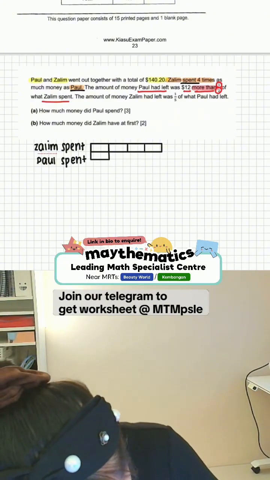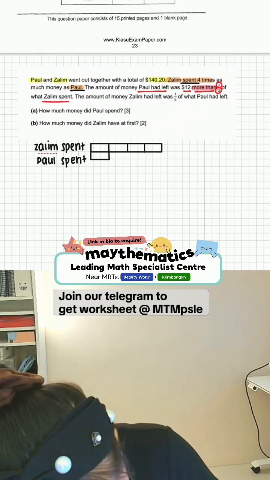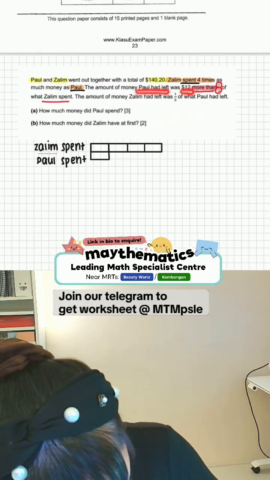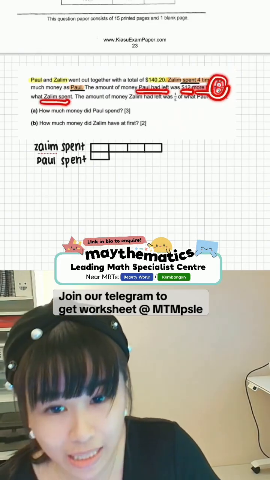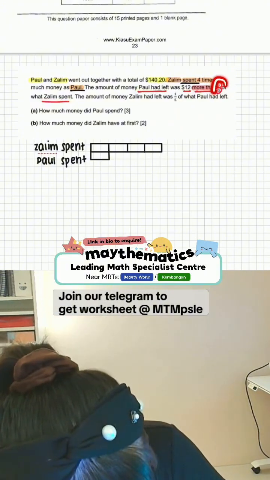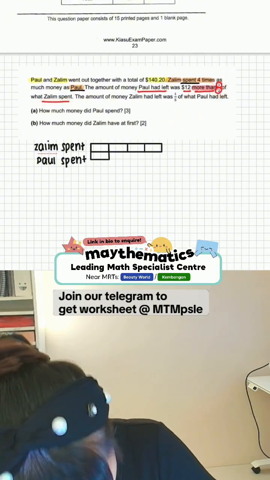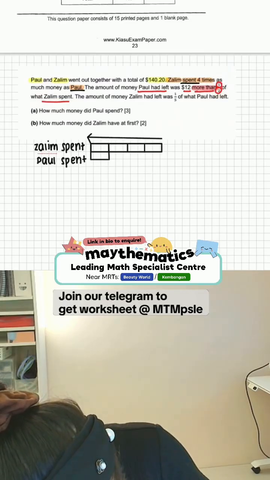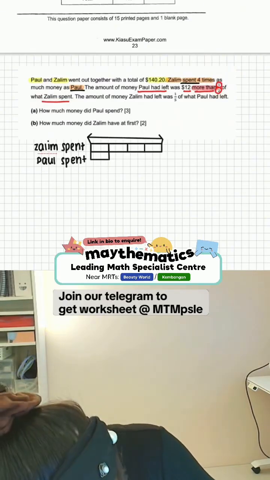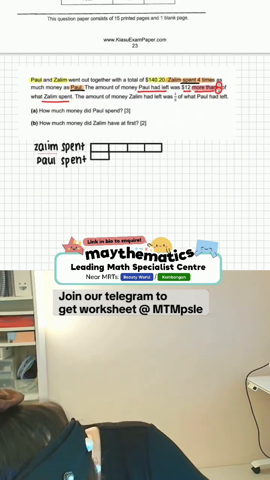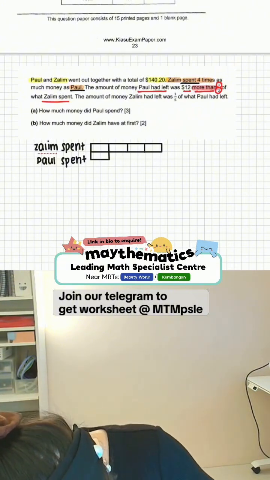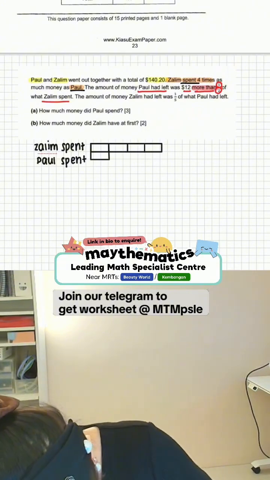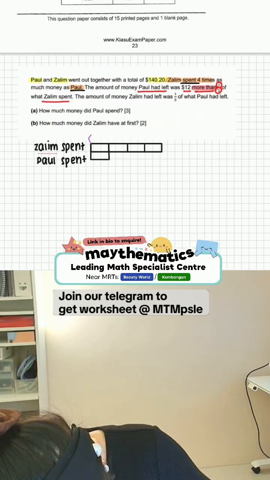Now next one, when they say what Paul had left was $12 more than half of what Zalim had spent. Half of what Zalim has spent. First of all, what Zalim spent here, it must be what fraction, everybody? What fraction is representing what Zalim has spent right here from your model?